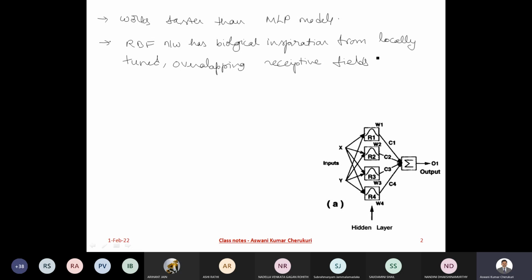This is the biological inspiration coming from the human brain, especially from the cerebral cortex. These types of fields are there in the visual cortex of the human brain. What do you mean by locally tuned overlapping receptive fields?